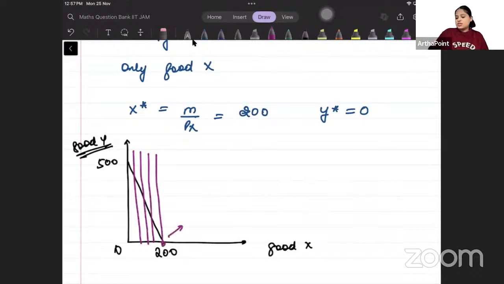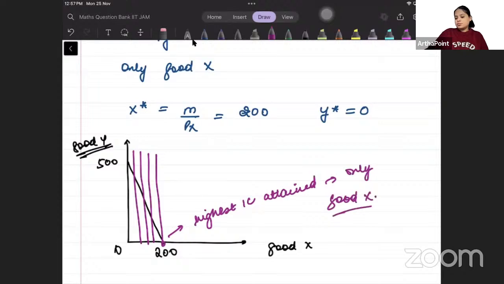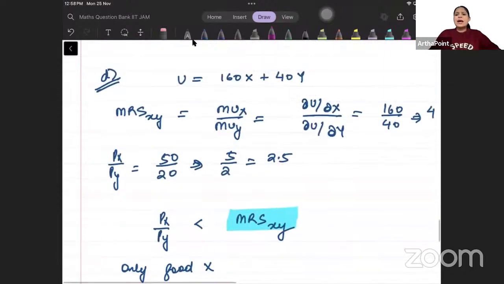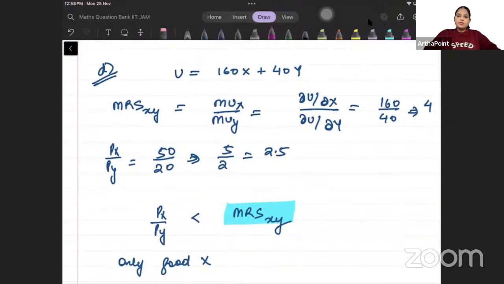And this is the highest indifference curve attained, where you consume only good X. Right? So the exam only had the first 3 parts, but be aware of when you will be consuming only good X and when you will be consuming only good Y. That is important, right?